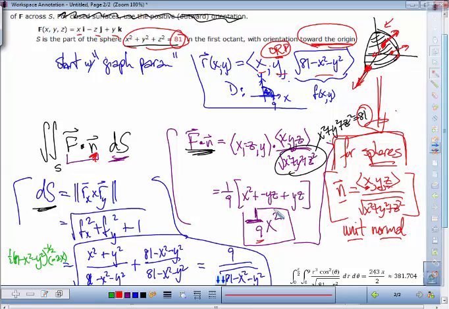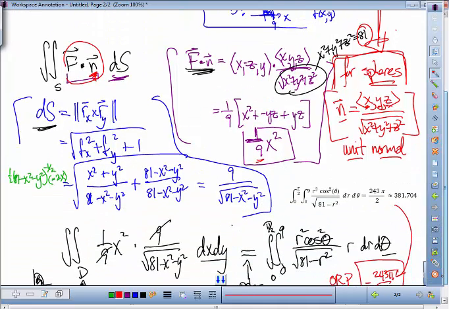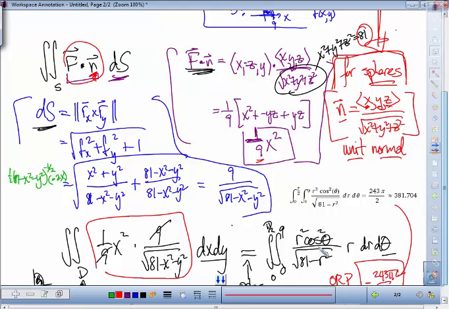Got it. Why is there a flux, why is there two dimensions? What's the difference between this one and the other one? Well, this one is still a flux, but you're reducing your vector field into a scalar function. You're reducing this F dot n into this scalar function, which is now just a regular double integral.